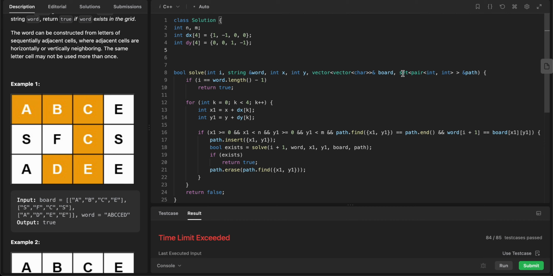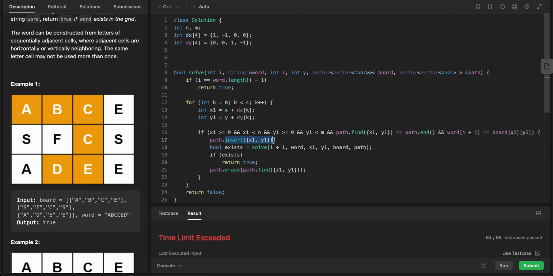In place of path we can write vector of vector of integers path, a 2D grid. It should be a boolean, so I should mark that path vector of boolean path. Which path I have taken, so every path it will be marked as 1.